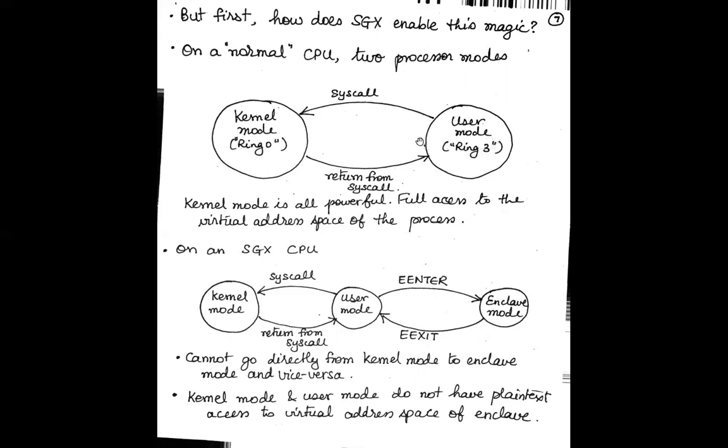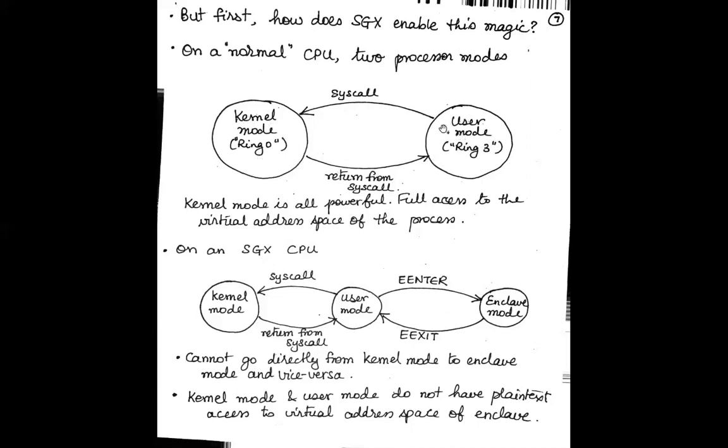The state machine over here shows how you transition between the two modes. When you are in user mode, the way that you invoke the kernel mode is via a system call, or actually a trap into kernel mode. The kernel does some things, and then the return from syscall returns control back to user mode.